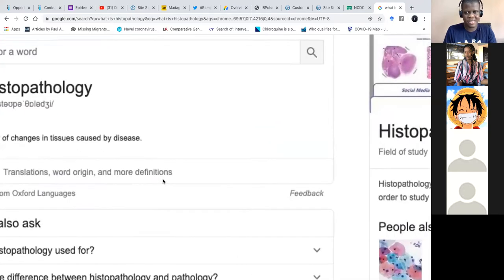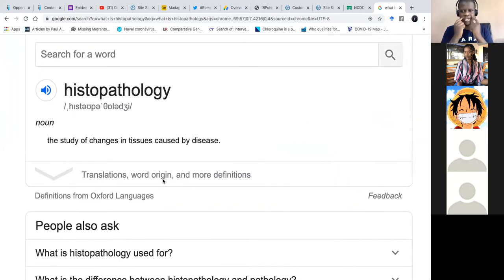Anytime you want to describe something, the first thing is, what are the basics? Look at the screen again. In the dictionary, when you type histopathology, these are the pronunciations. Histopathology.